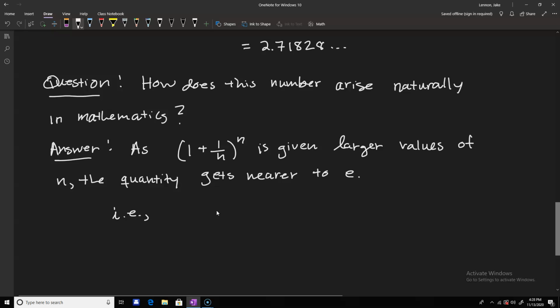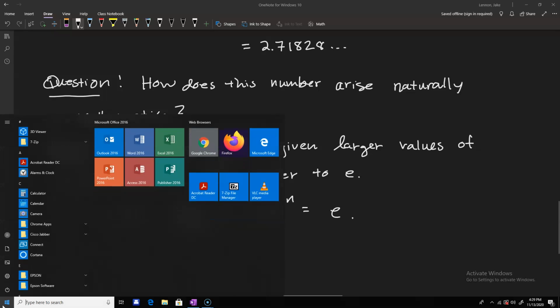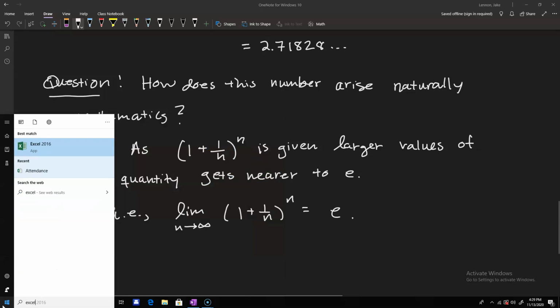In the future, you'll come across those and get used to this notation, but this is just saying if n gets really, really big, what this eventually gets asymptotically close to is this value e. Maybe the easiest way I could show you that is by a quick Excel computation.